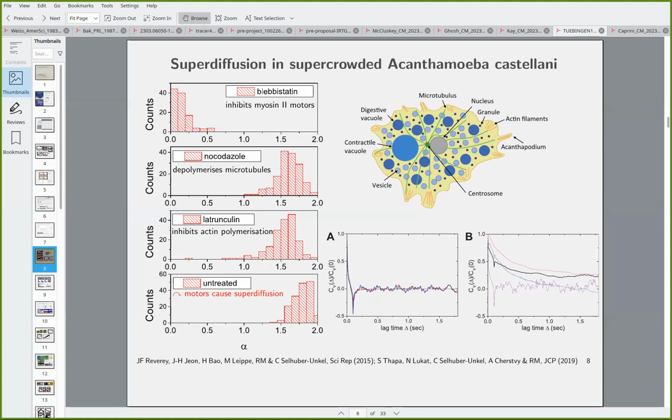So there's active motion, and this affects superdiffusion when the alpha is actually relatively high. It's about 3.5. But now all these experimentalists, especially the closer you get to biology, they like to poison the cells. So they use different kinds of poison, and when they use blebistatin, they inhibit the motion of the molecular motors. So everything stops, and the motion becomes extremely subdiffusive with an alpha around 0.2. So that's what they see in the experiment.